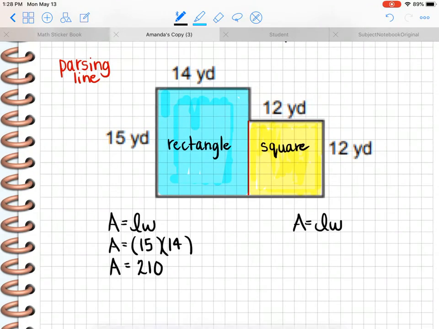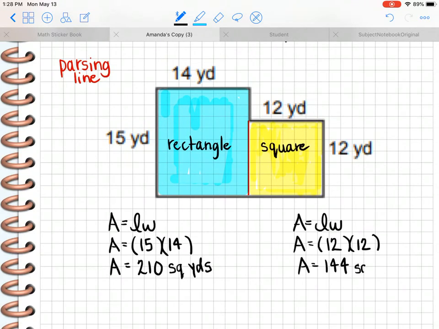So 210 square yards for the blue section. And then for the yellow, let's do the formula again. And this is a square, so both sides are equal. And that one I can do in my head, it's 144 square yards.